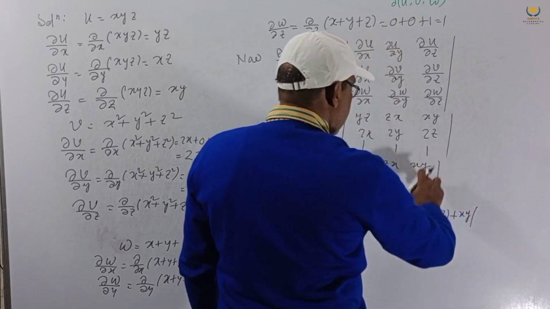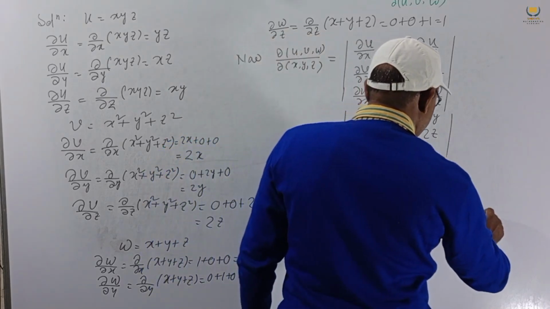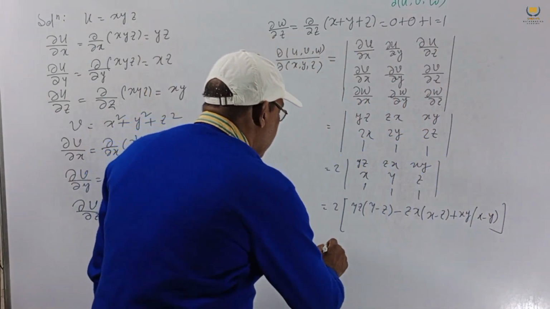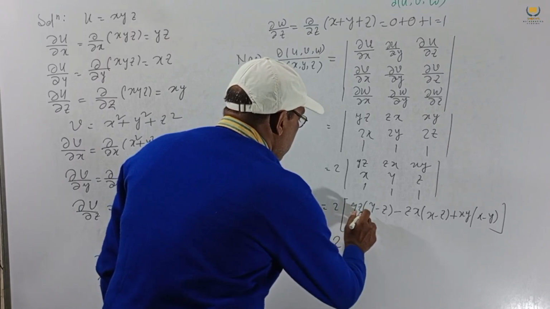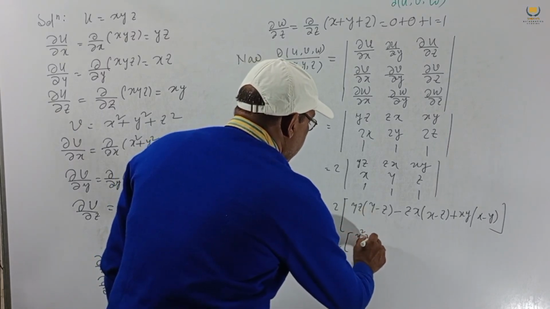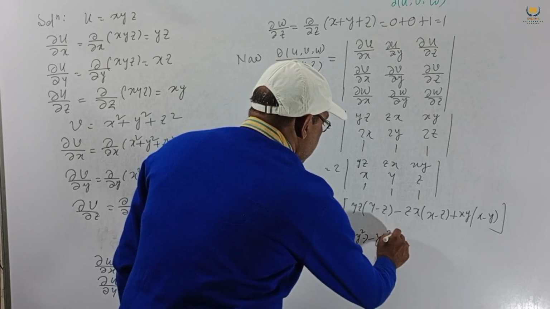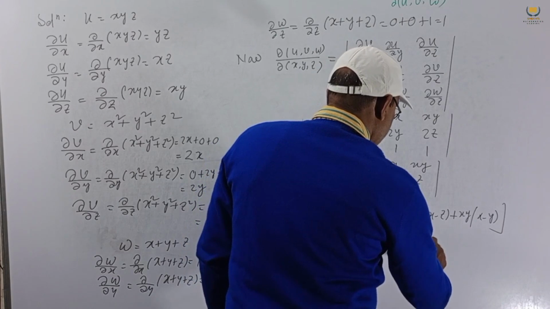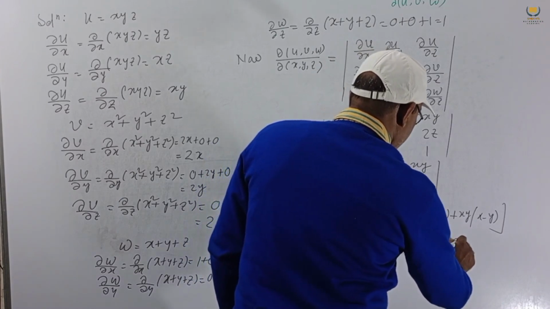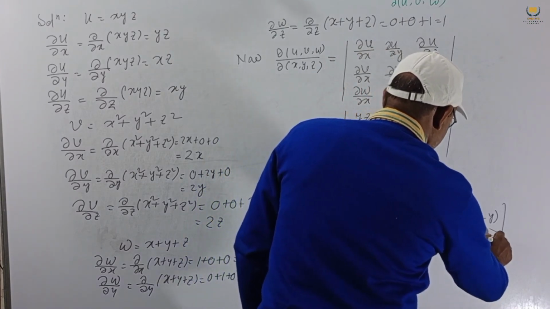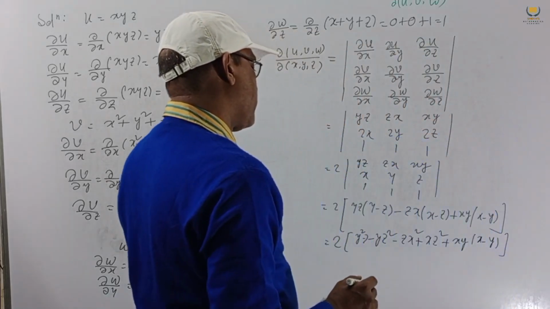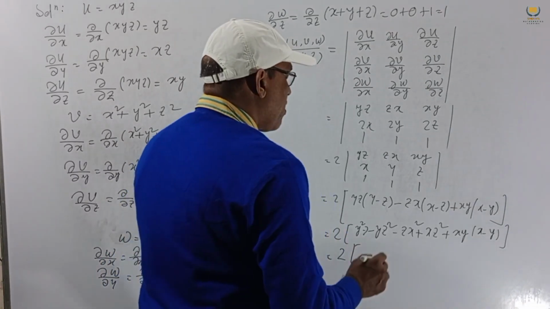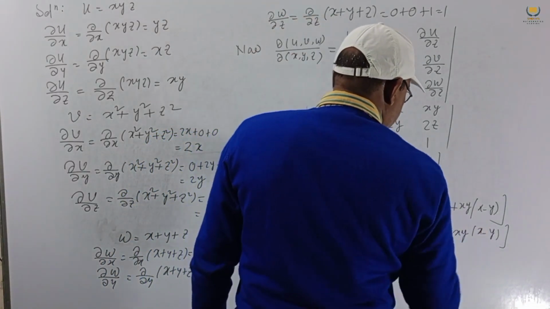Plus xy, this cancels, x minus y. We get this. And 2 times y square z, yz square, zx square, xz square, xy, x minus y. Yes. This will be 2. Here x minus y we are taking.